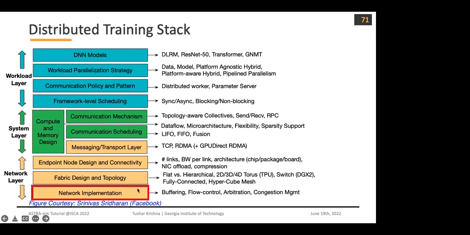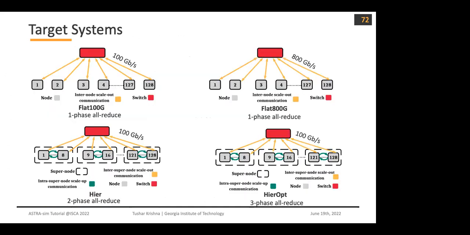And finally, we've talked about topologies. If you go down even lower level to the actual network implementation, right? If you're a network designer who cares about, okay, how do I size the buffers and how do I manage congestion and arbitration schemes at the link level and at the switch level, this is another experiment we had done where we were looking at different kinds of systems, all of them connected via, let's say, a large switch, either hierarchical systems or a flat topology.